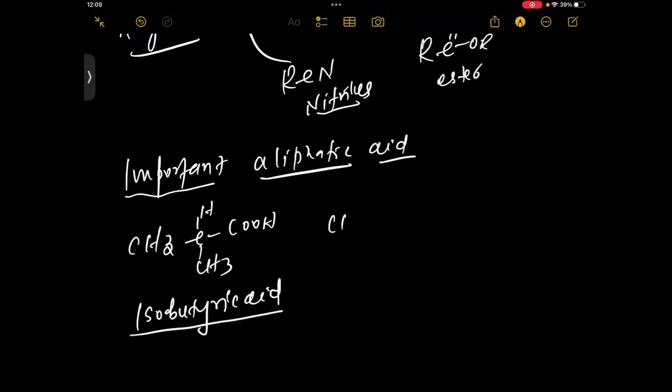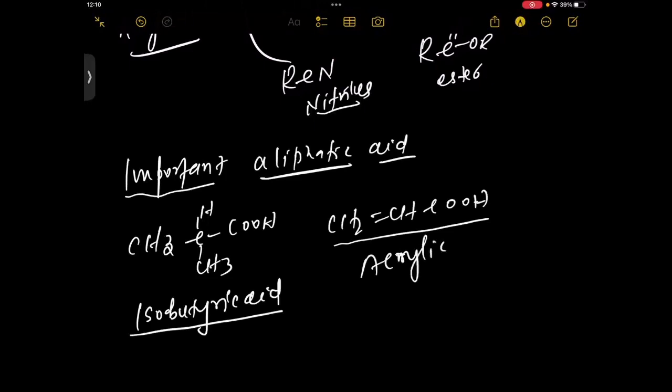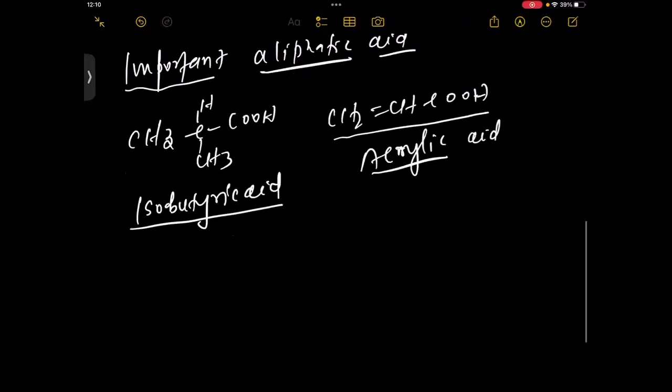Second, CH2 double bond CH, COOH. If you have 3 carbons and 1 double bond, that is called acrylic acid. Okay, and one more here: 4 carbons and 1 double bond attached on the second position, including the functional group, is called croto.